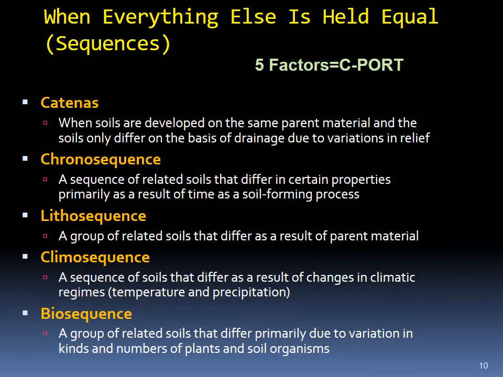Climosequence is when all other factors are equal except climate, and because of the climate you might create variation in the soil. Biosequence is a soil group that differs only due to the differences in the type and the number of the biological activities, like the organisms and plants.